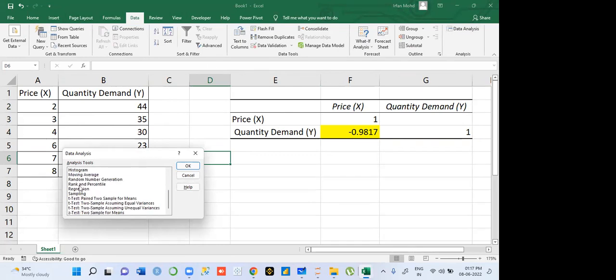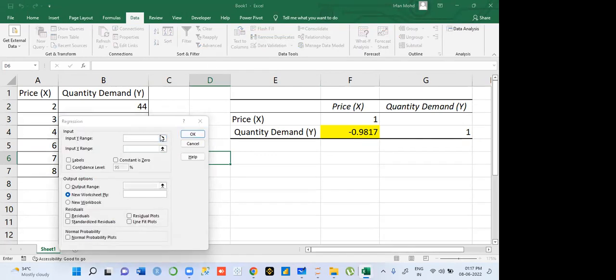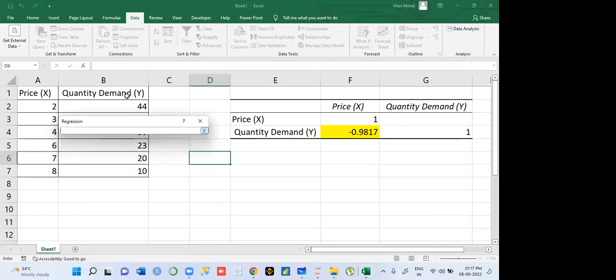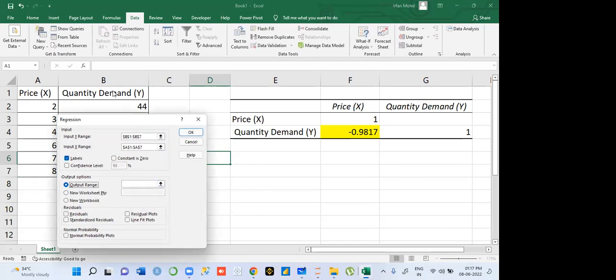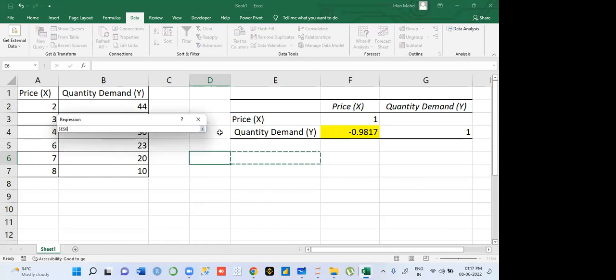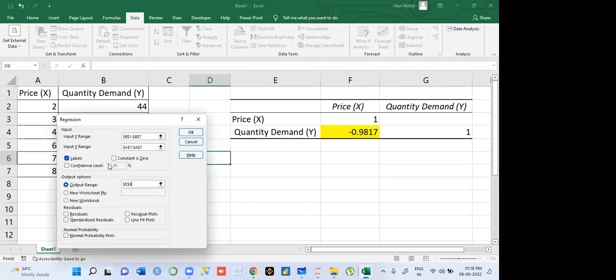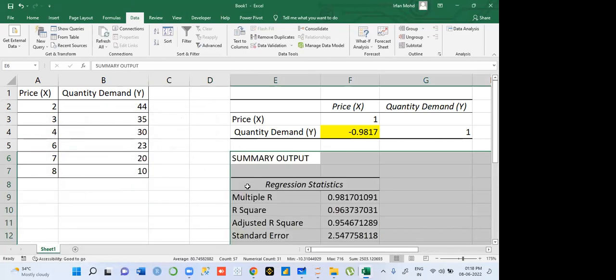I'll go to regression. How much is the R square we get?